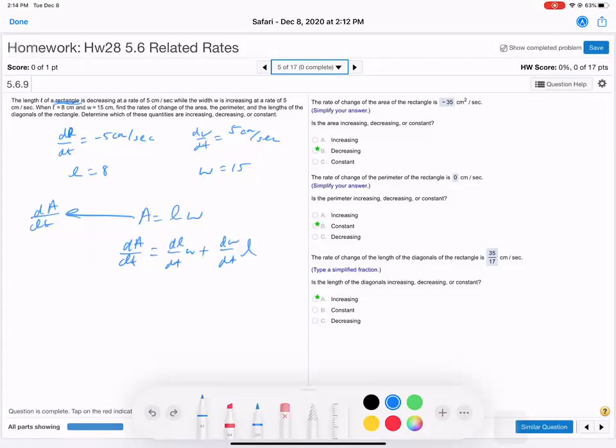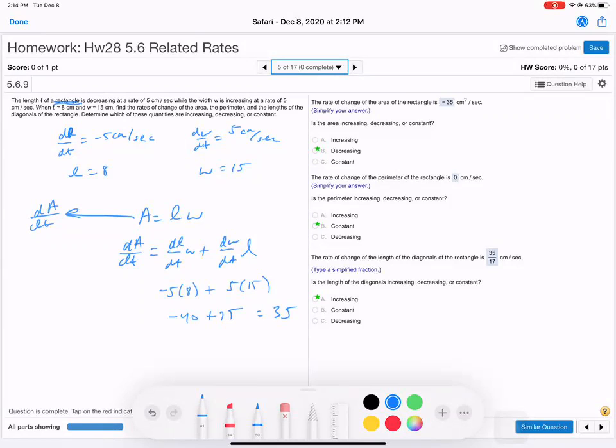And when I plug them all in together, we have negative 5 times 8 plus 5 times 15. That is negative 40, plus 75, and we end up with, that's weird, I have positive 35. How come they told us it's supposed to be negative? Well, one of these is negative, but I got the rate is decreasing.